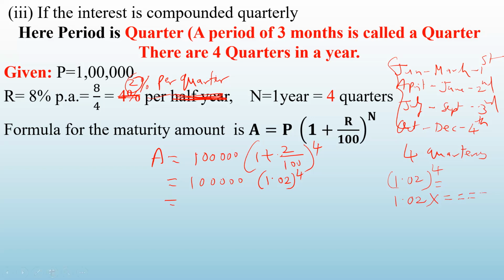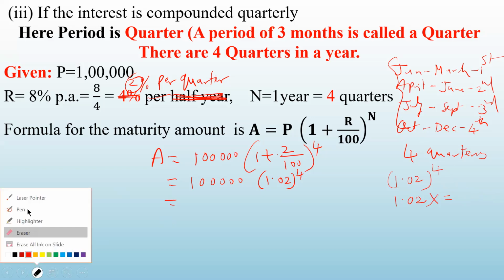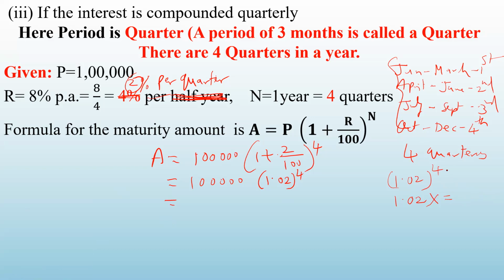So 1.02 raised to power 4 is calculated using the calculator.